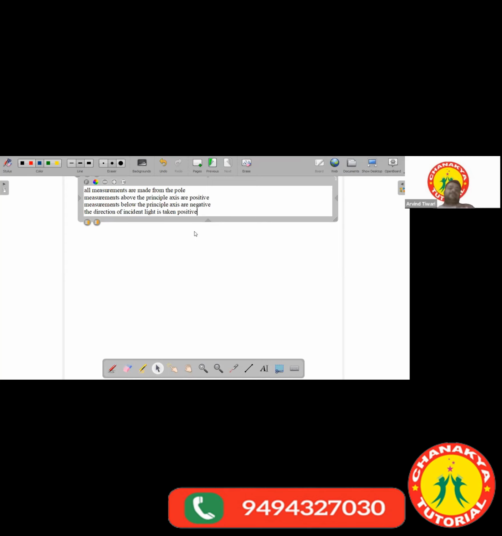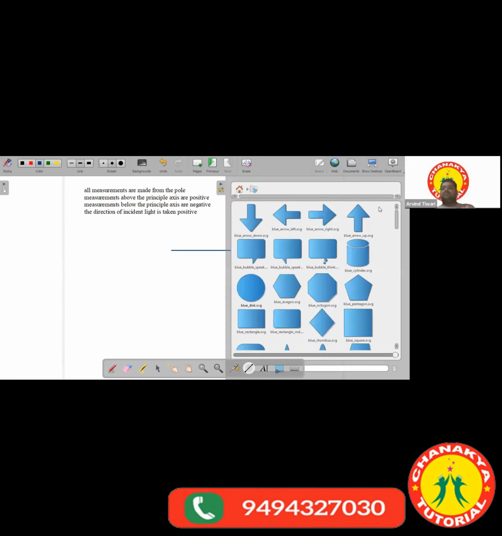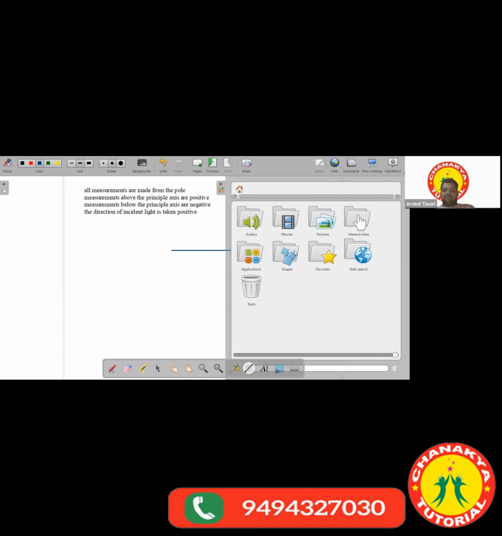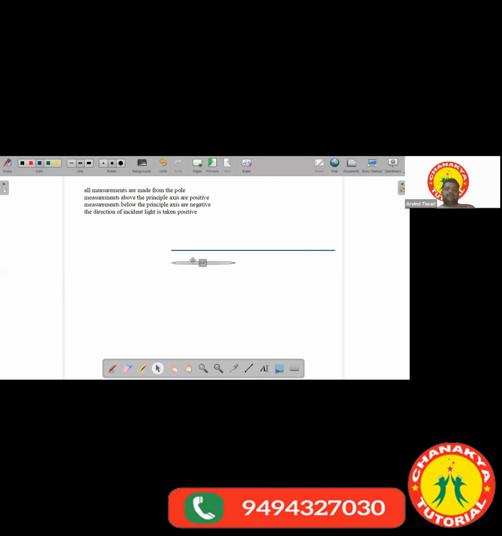First of all, if you observe any mirror, all the spherical mirrors, whether concave or convex, we observe that there is a pole, right?